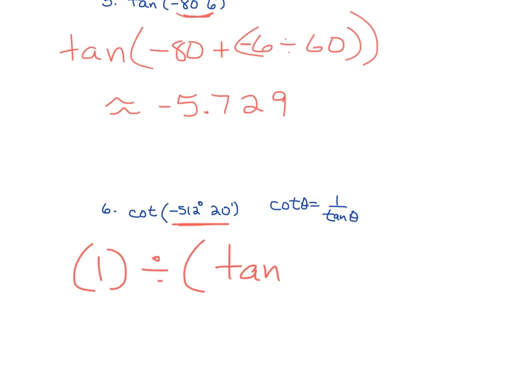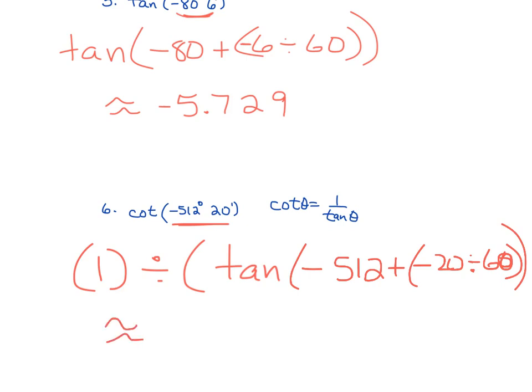So what you're going to do here is negative 512 plus negative 20 divided by 60. And then once you hit enter, you should get approximately 1.907. And again, this is reasonable. Tangent and cotangent are all real numbers.